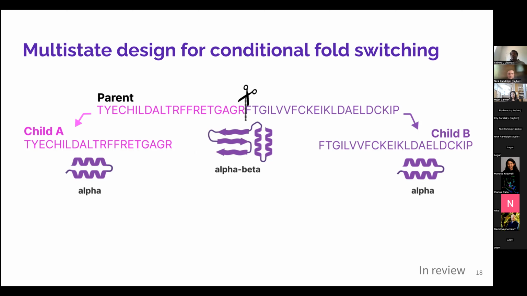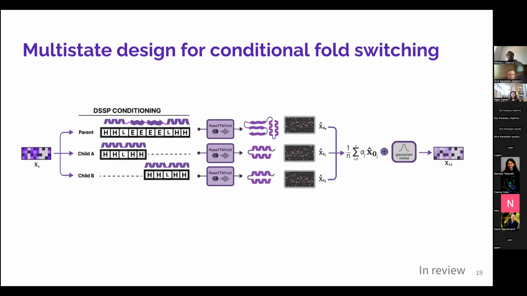How we do this with the model is we run a sequence through the model with three different conditions. The first condition is prior to cleavage, where you have the full protein, but we task the model that it needs to be alpha beta. Then for the children, we ran it such that the model needs to put it in an all alpha state.